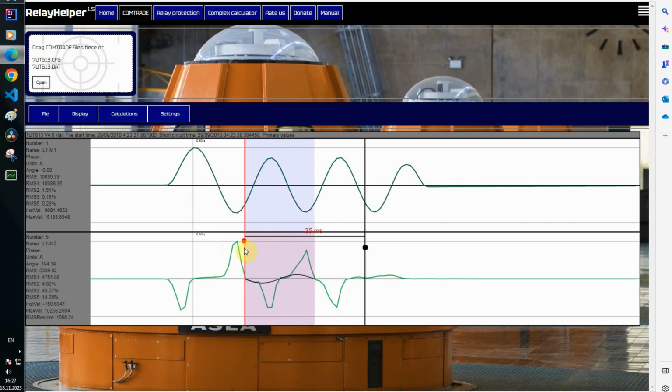There is also a good result in this place. And at the very beginning of the process the error was 16%.